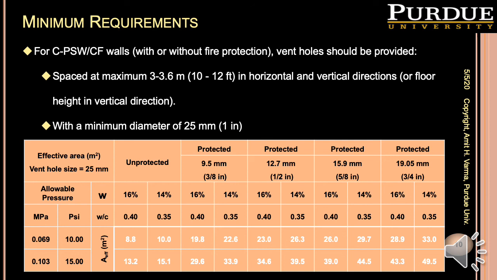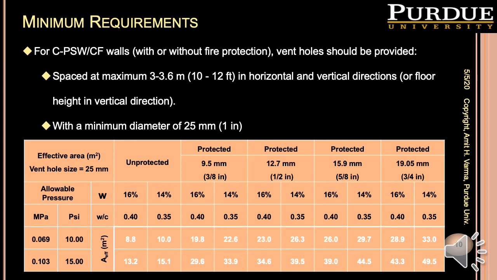What we can see here is that if you're meeting the minimum requirement and you're providing vent holes at 3 meters apart, which means the effective area would be 9 meters square, then for walls with fire protection, that is considerably conservative as compared to the calculations we have here.